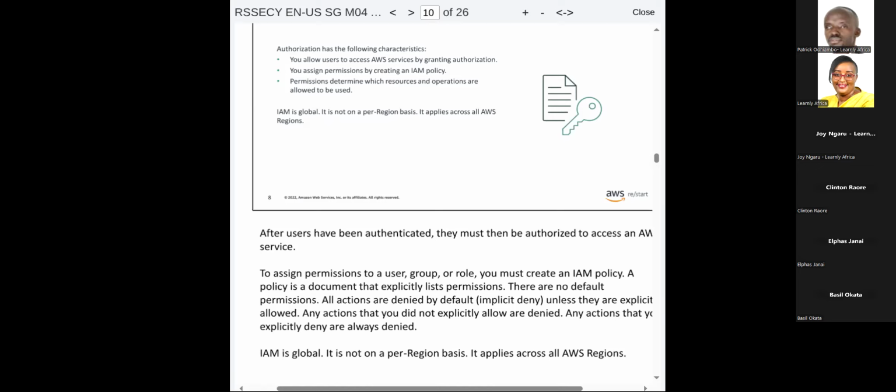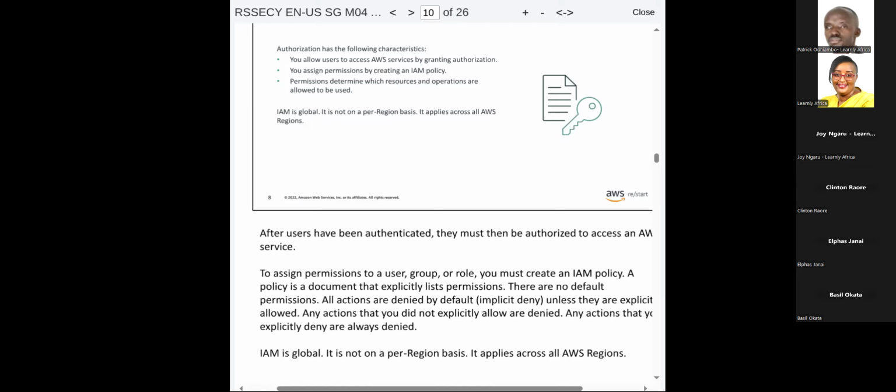Nothing is allowed. For example, if I create a user Clinton right now and give him access to my account, he can't do anything because I've not given him any permission whatsoever.